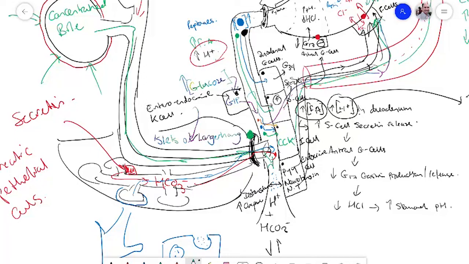And in the islets of Langerhans, we know that we have got beta cells. And anybody who's done year 1 biochemistry will know that the beta cells stimulate the release of insulin.